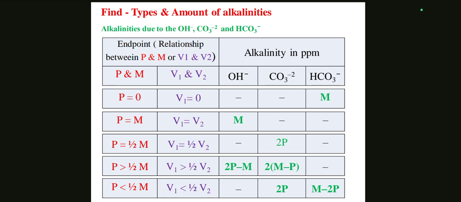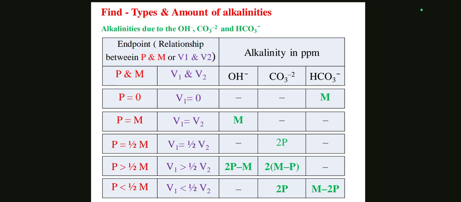Now the second relationship, P is equal to M. How will you come to know that the value of P is equal to the value of M? Once you get the values of P and M, you just compare them. If both values are the same, it means you got the relationship P is equal to M, that is Phe1 is equal to Phe2, right?